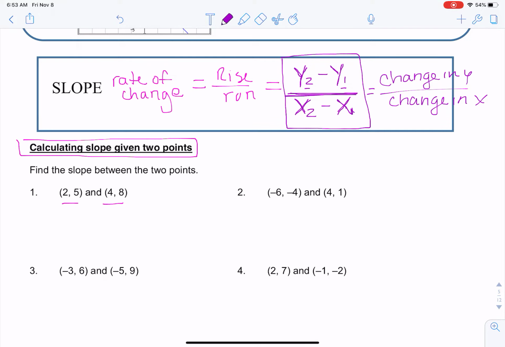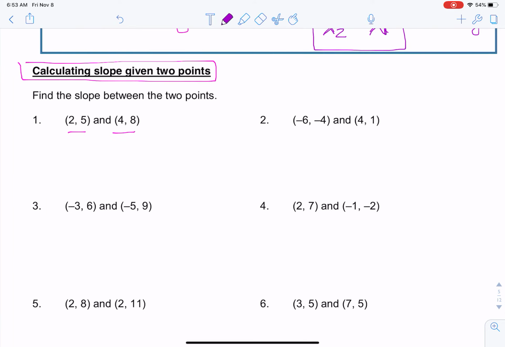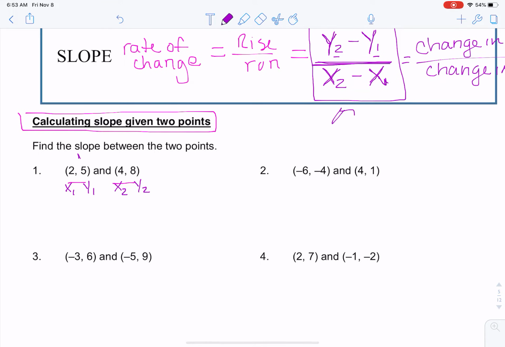Okay, so let's use that slope formula to calculate the slope. So I'm going to do a couple of these with you. So I'm going to label these as x1, y1. This is my first point, right? So my first x, my first y, and then this is my second x and my second y. So now I'm going to plug that into the formula right here.